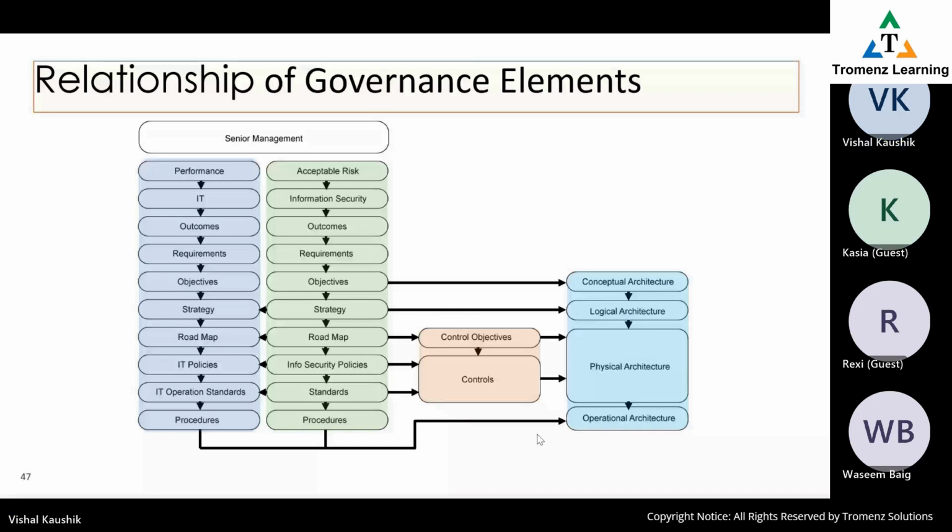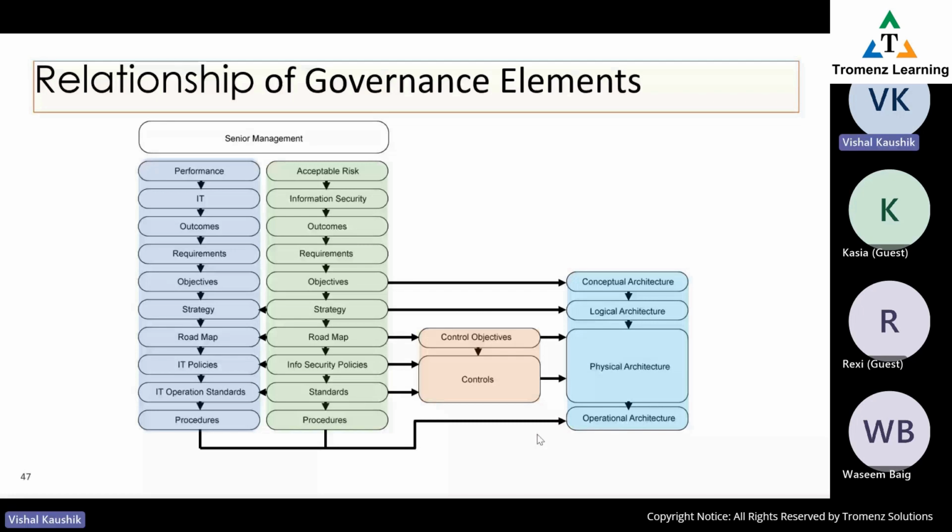Conceptual security strategy can be developed, and it comes from the architecture. The strategy would then inform the logical architecture and then lead to a roadmap, which defines the control objectives and physical architecture. Standards and procedures can then be outlined, which are input into the operational architecture. These elements in the security path have a relationship with the IT path as well.